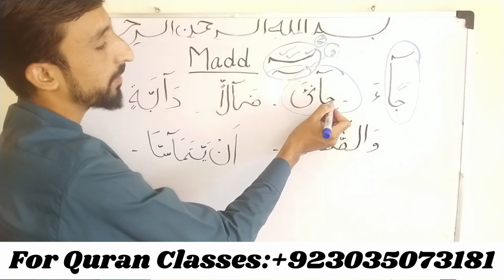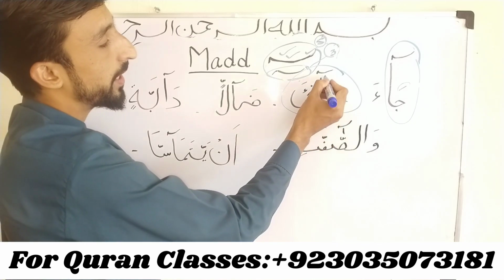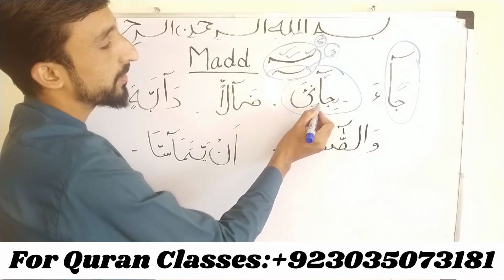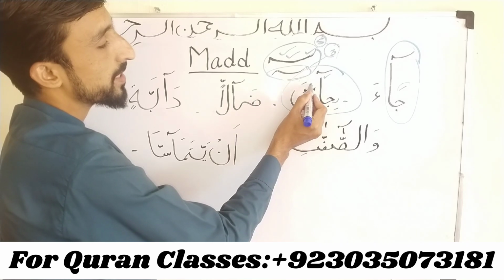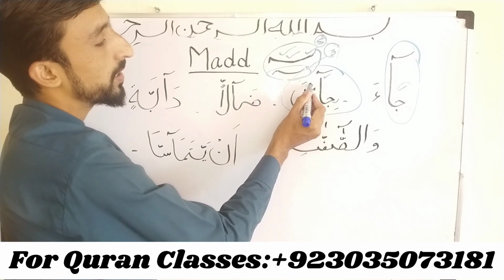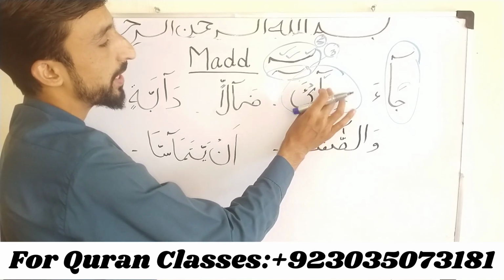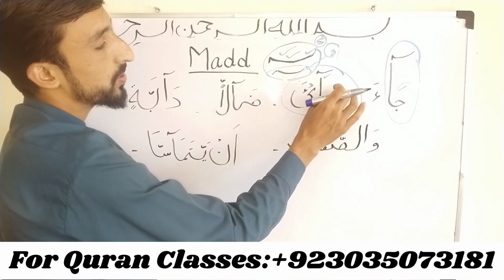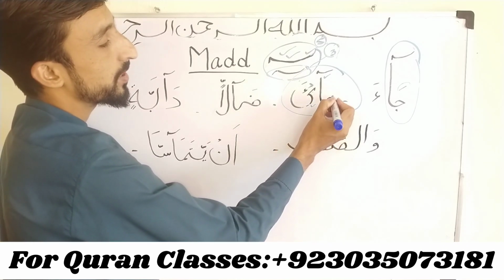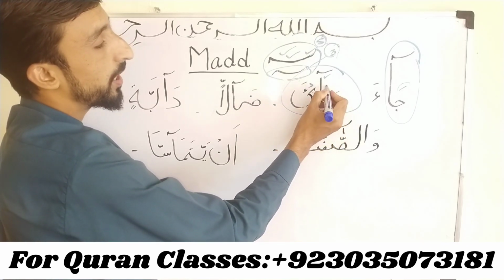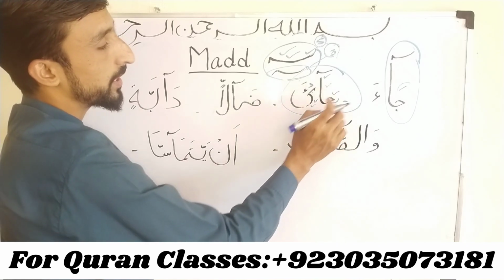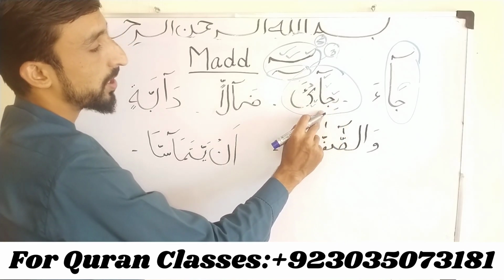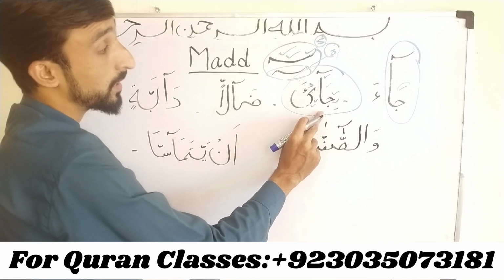In the next word, there is a little difference. Here first is jim, then alif, and then ya, and ya has a sign of sakin. So we combine the previous letter with this letter. Here we read the three letters: jim, alif, ya, kasra, ji.